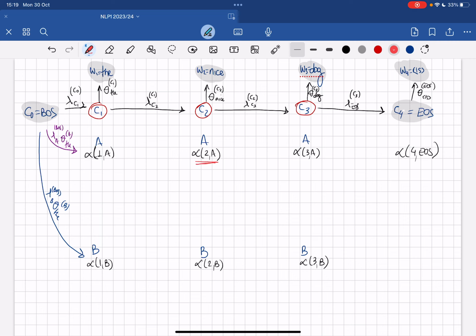To get to this cell, to this quantity, we would have to consider the possibility that we are transitioning from an A to another A and then emitting from this new A the word nice, or we would be transitioning from B to this A and then emitting from this A the word nice.